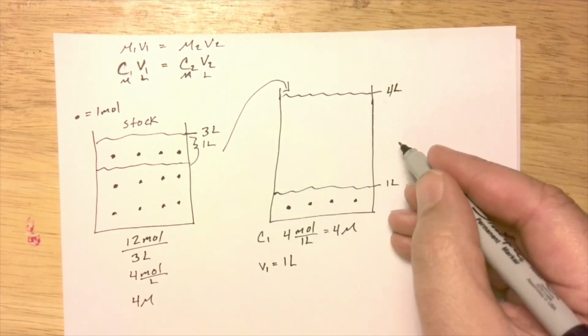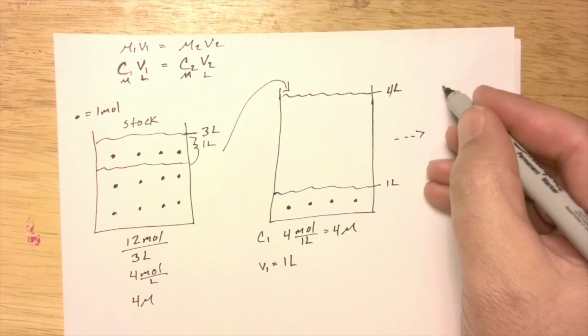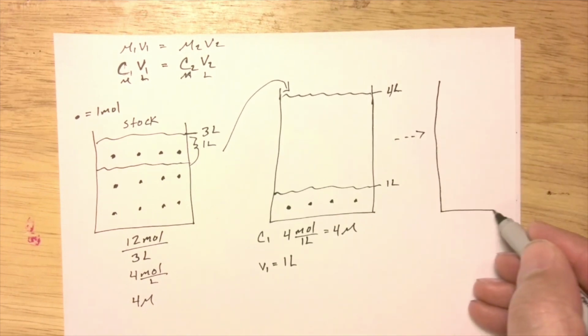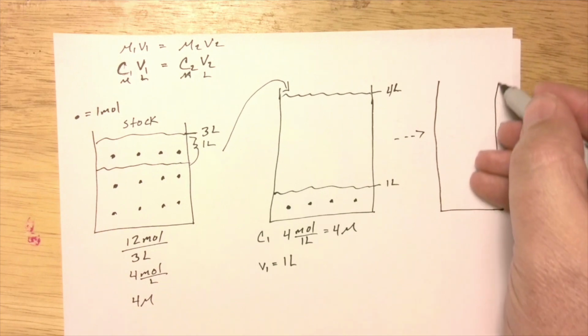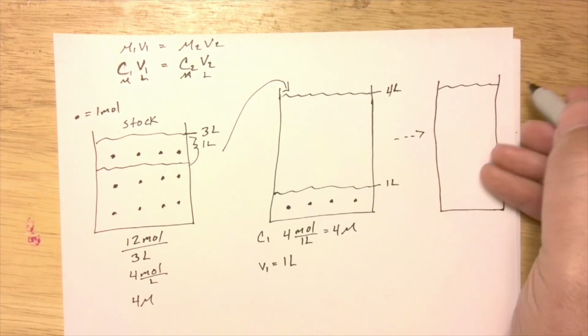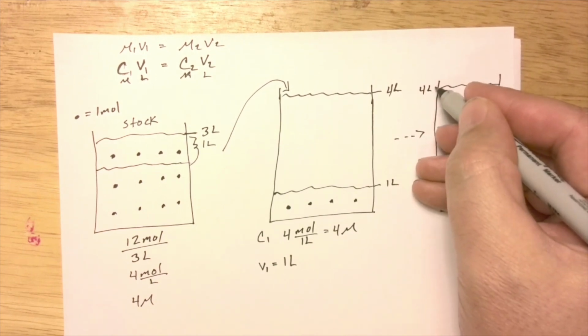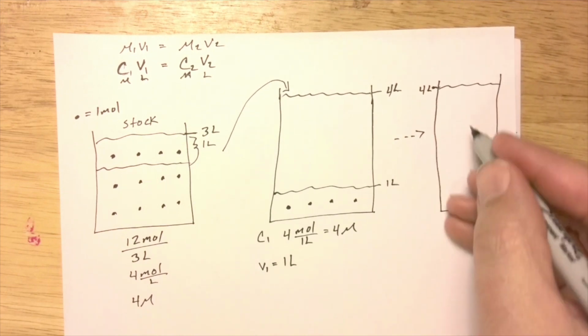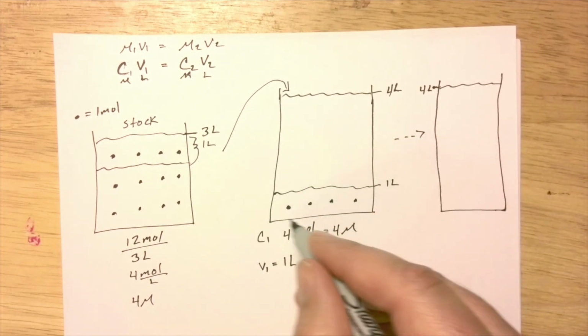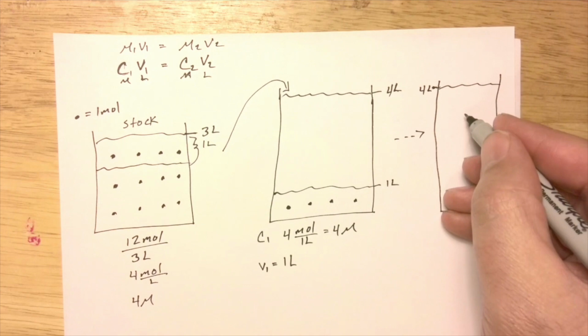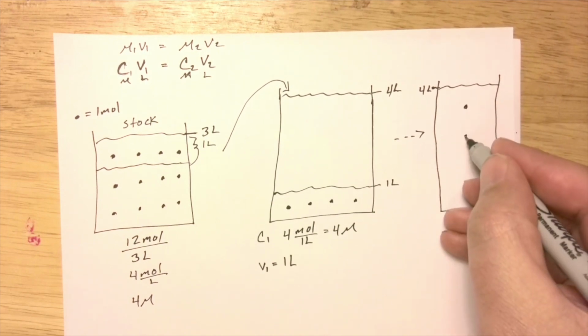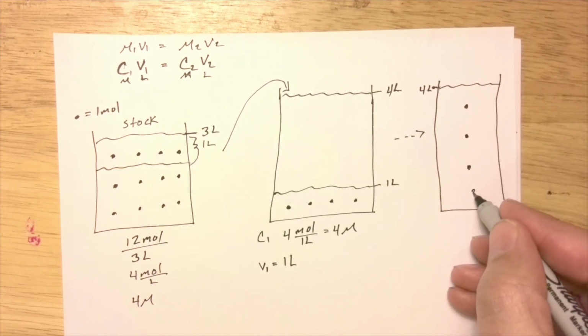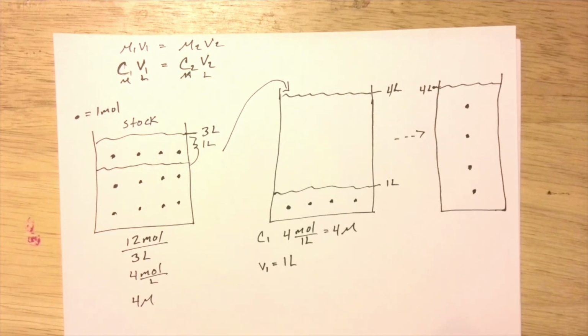When I do so, and I don't have enough room here, but let's pretend that's 4 liters here, the total number of particles I have dissolved within this is now evenly distributed in here.